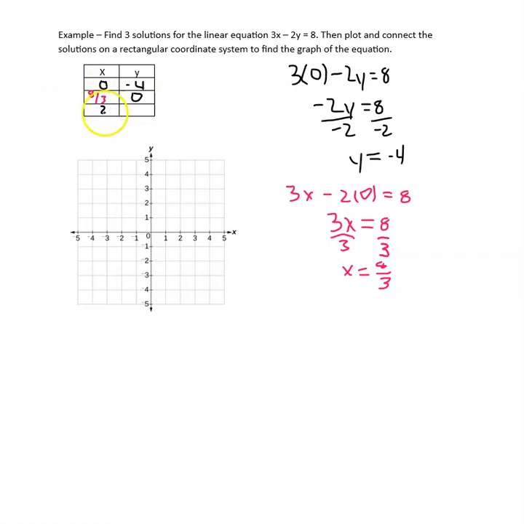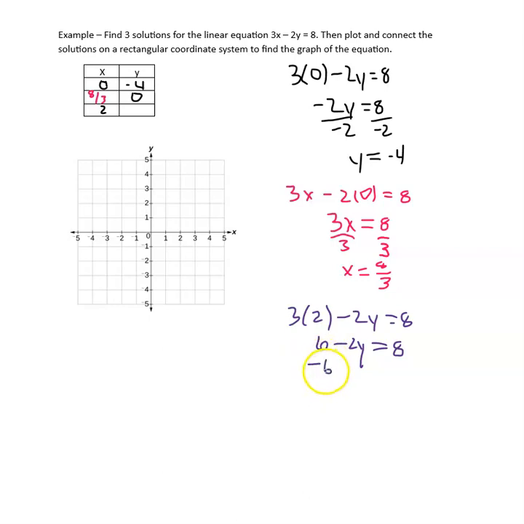And then last but not least, let's let x be 2 and solve for y. So we have 3 times 2 minus 2y is equal to 8. So 3 times 2 is 6, minus 2y is equal to 8.